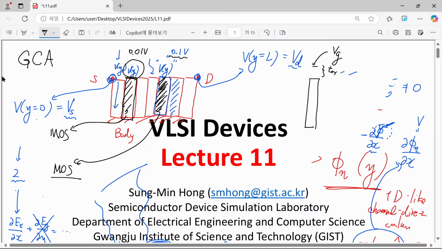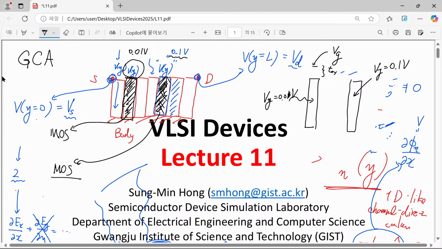The only difference between this one and the other one is that inside the left one, the quasi-Fermi potential is relatively low, and for the right side one, we have a relatively higher quasi-Fermi potential for electrons. Then what happens to these two different MOS capacitors?